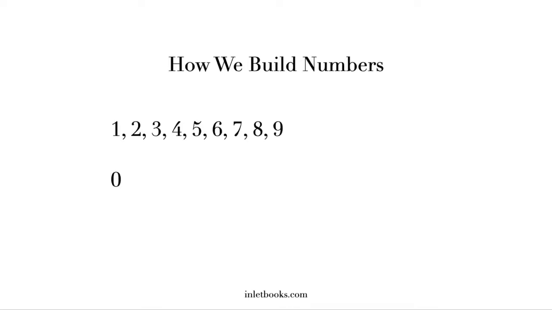The student must first understand the 10 basic symbols: 9 numbers for quantities 1 through 9 and the number that we call 0 for nothing. We refer to these 10 numbers as digits, especially when we use them to build bigger numbers, as we will see. Students must practice recognizing these numbers and writing them.